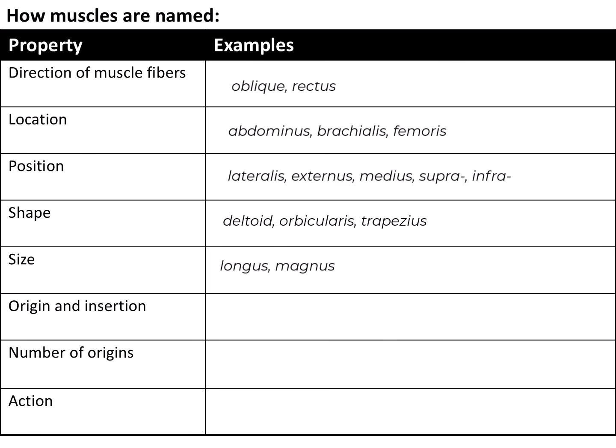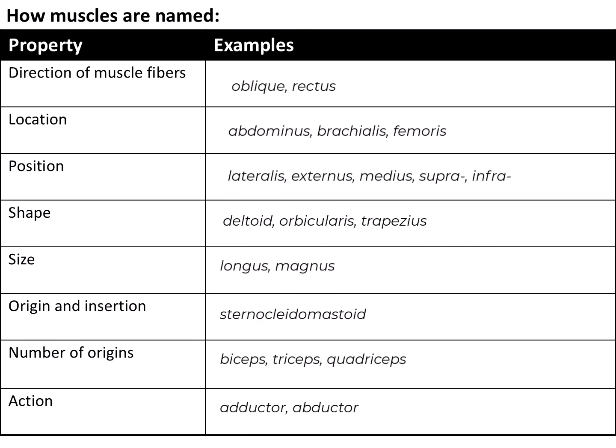Muscles named based on their origin and insertions include sternocleidomastoid, whose insertion is on the mastoid process and origins are on the sternum and clavicle, which also means cleido. Muscles named based on the number of origins include biceps brachii with 2 origins and triceps brachii with 3 origins. Lastly, muscles can be named based on their action, such as abductor or adductor.